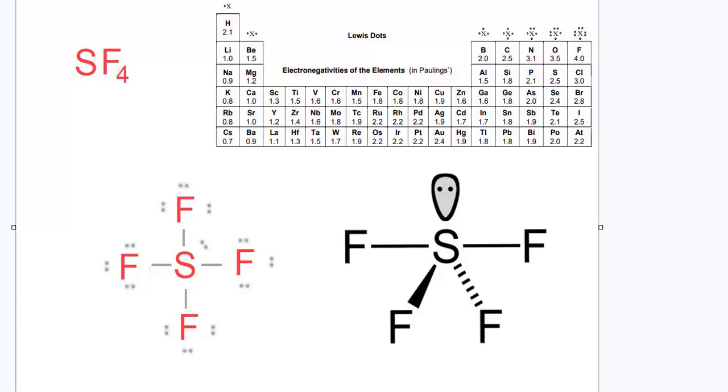But the thing is that we've got a different geometry. We've got a fluorine pulling in this direction, a fluorine pulling in this direction, which those will cancel. But we've got a couple pulling down, and they're pulling down in the same direction. And this cloud of electrons isn't going to be pulling on anything. In fact, it's out there all by itself. So this is definitely unsymmetrical.